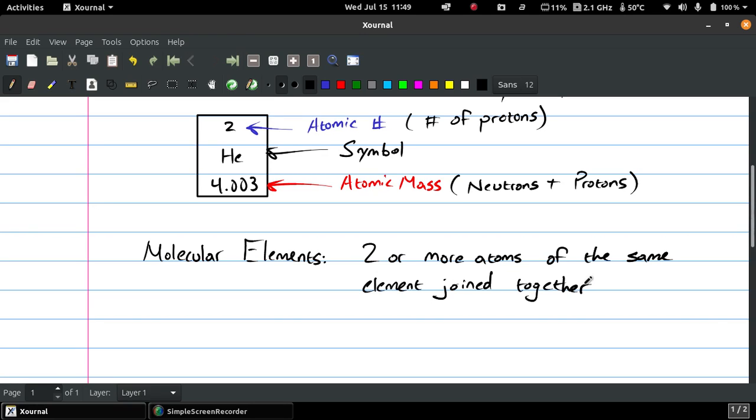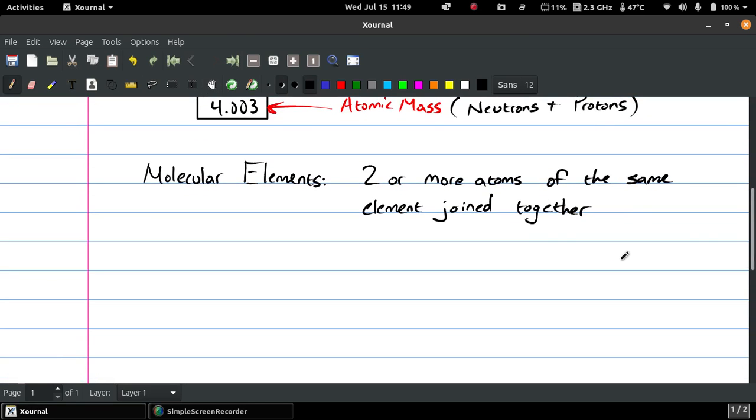Okay, so there are 7 of these on the periodic table that occur in nature. They're called diatomic elements. So I'm going to list those here. And when we get to the periodic table, I'll help you label everything so you know which ones are your diatomics.